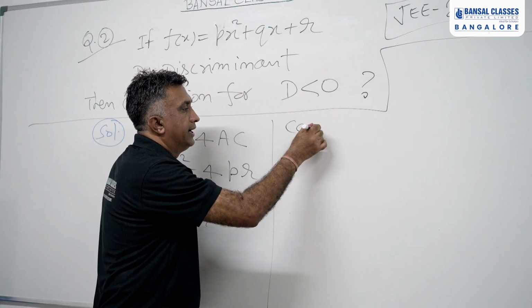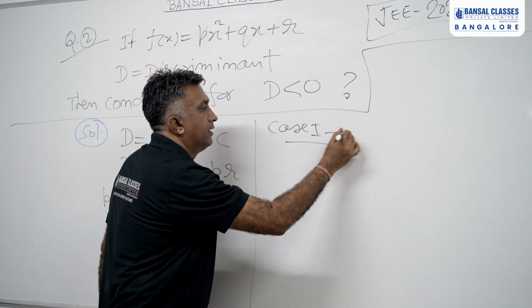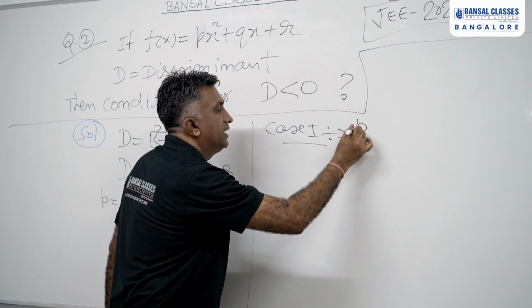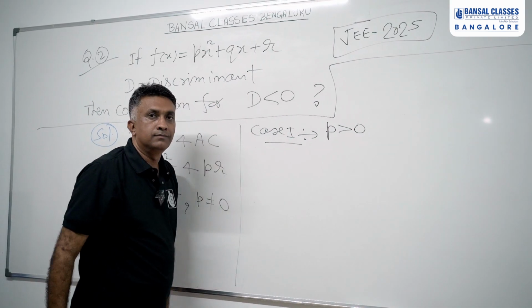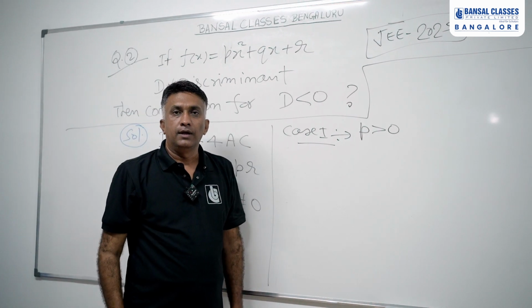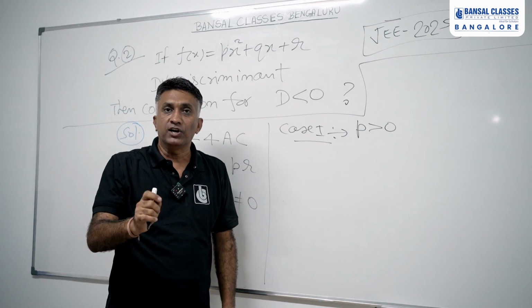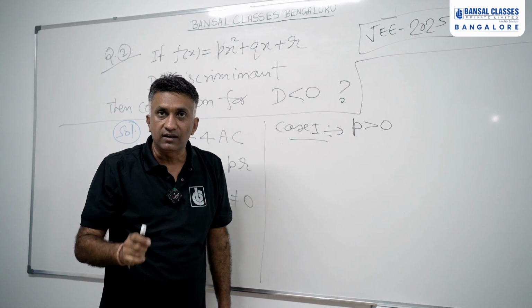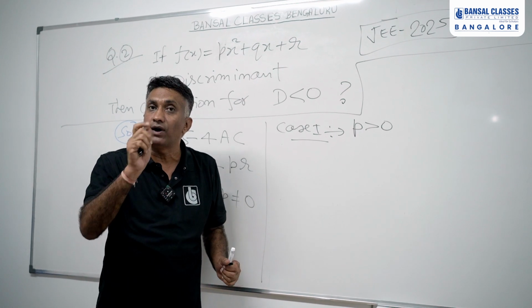Now, it is the first case, when p is positive. You know very well, when the coefficient of x square is positive, then the curve has the nature of concave upward.